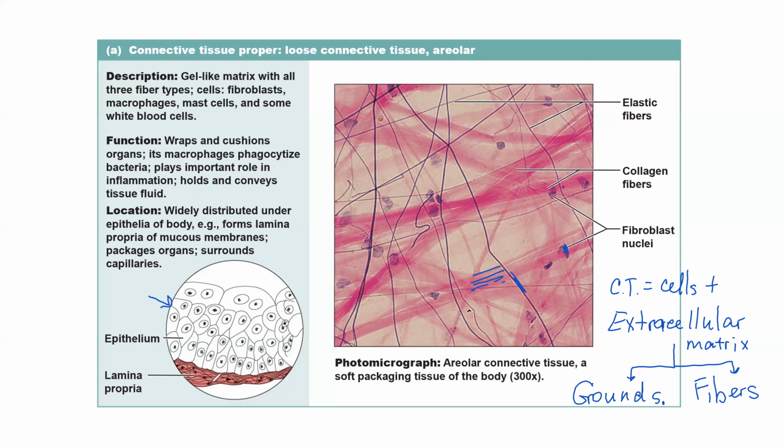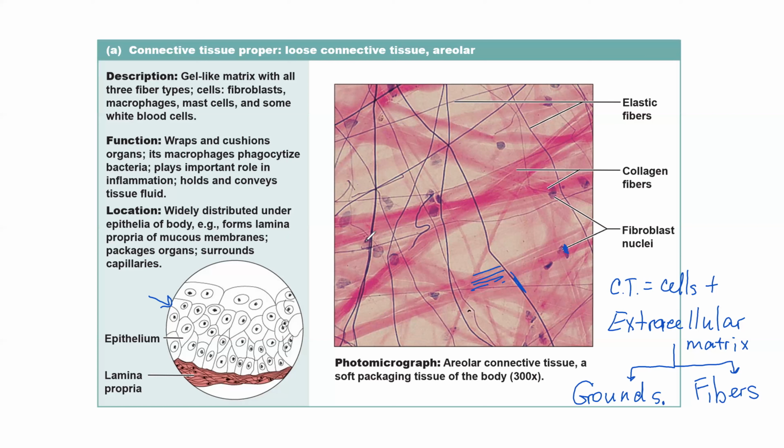So that's our areolar connective tissue, and this is how your mucous membrane is made. Your mucous membrane covers your open body cavities, like your digestive tract and your urogenital tract. Areolar tissue also packages organs and surrounds capillaries.